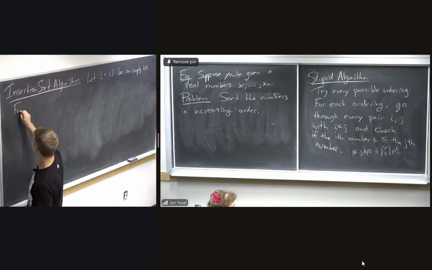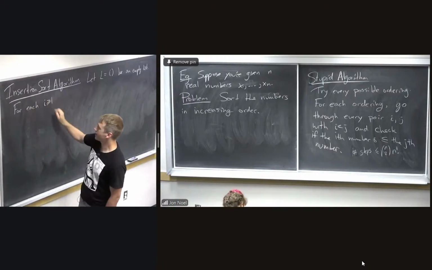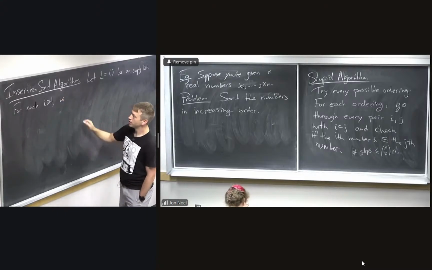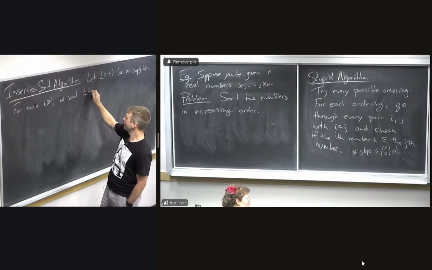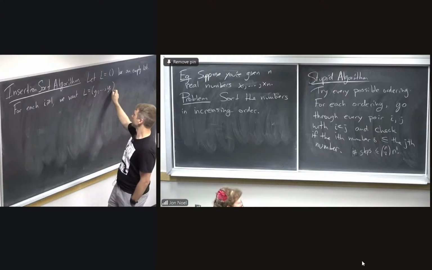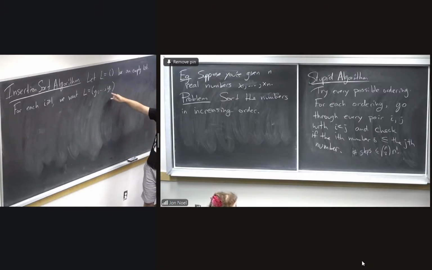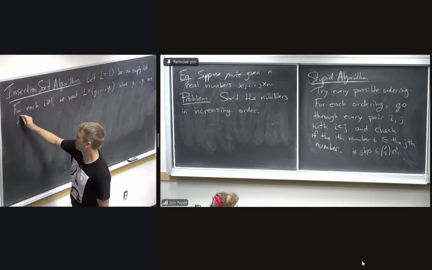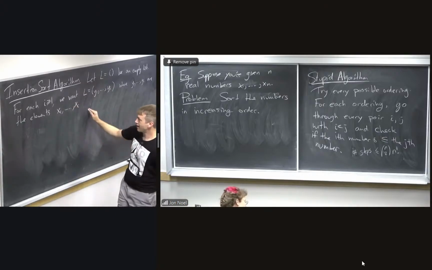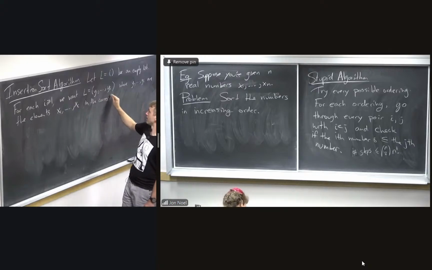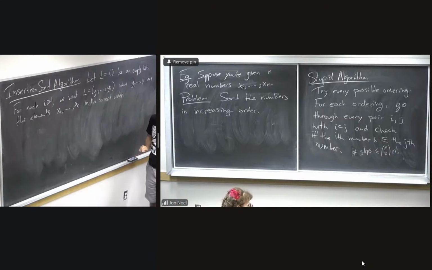And so for each i at least 1, in the ith step, we want L to be some list y1 up to yi, where the y1 up to yi are the elements x1 up to xi in the correct order, right? And then if we can do that until i equals n, then we're done, right?